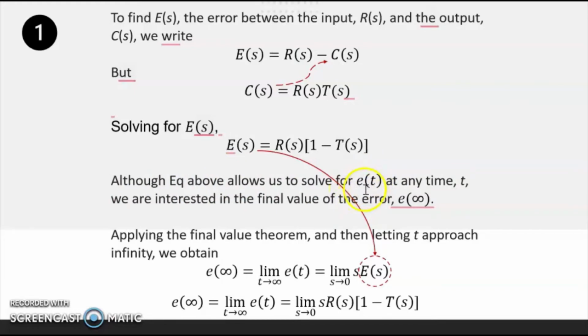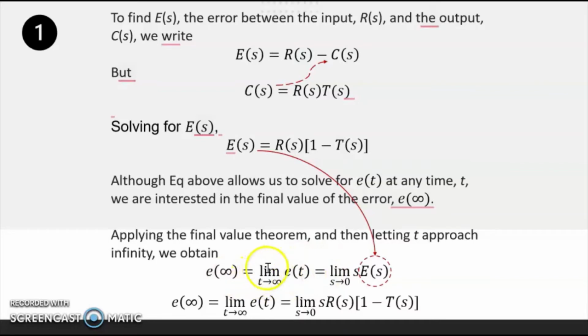So to make it easier to calculate, you just need to apply the final value theorem. Applying the final value theorem, we let t approach infinity. So this t is equal to infinity.